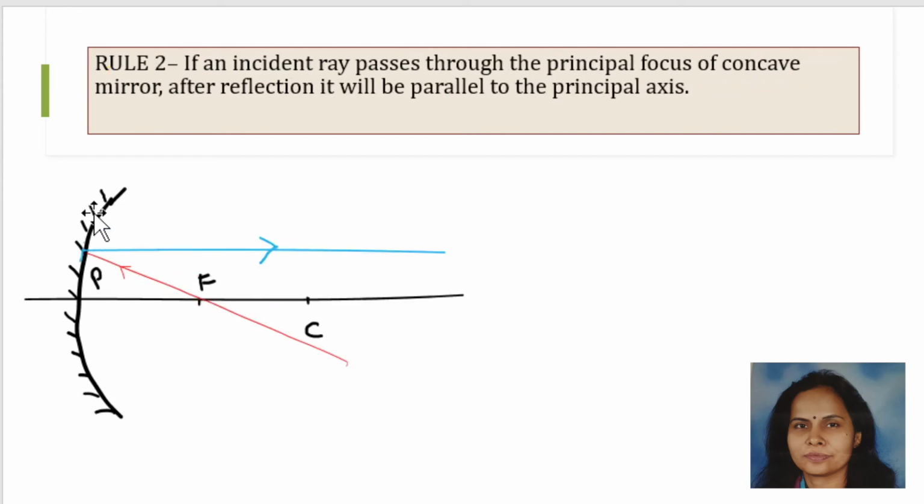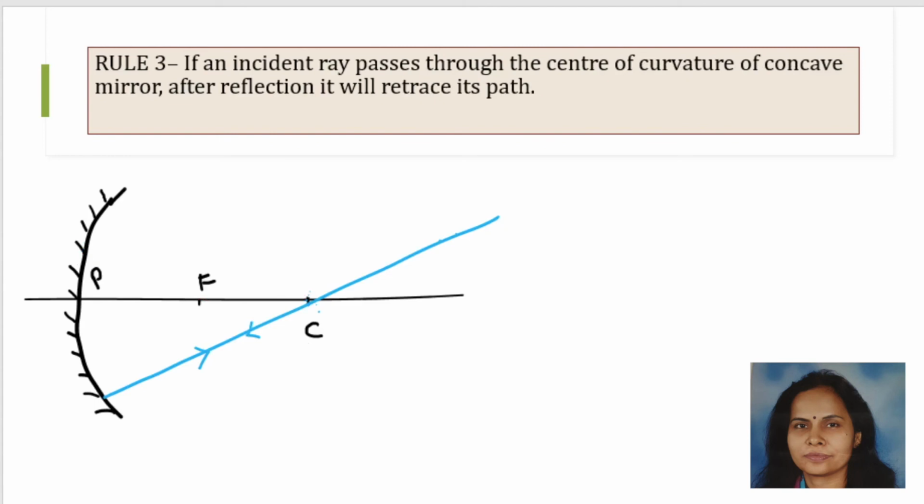Here also this is your point of incidence, and to draw the normal at this point of incidence, I can simply join this point with C, right? So this is your normal. Now, since this is the incident ray, this angle will be I and this angle will be R here. Now we can do the third one.